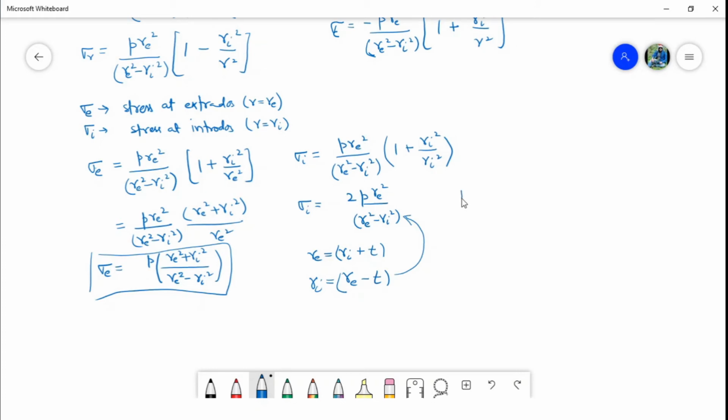So put it here, we get sigma I is equal to 2P Re square over Re square minus (Re minus T) whole square.